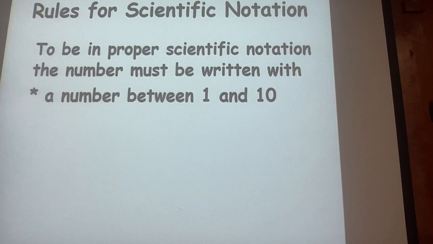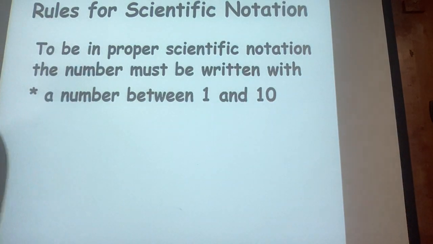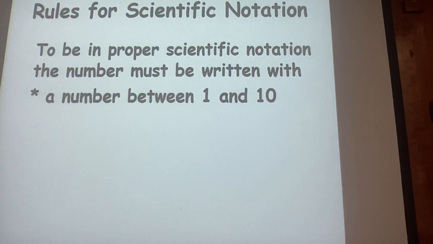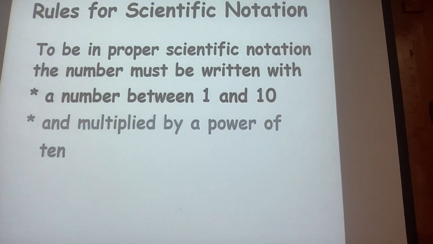That's what we said, right? The number must be between 1 and 10, or 9.9. Okay? Right? Then it has a multiple of 10, a power of 10, and I'm going to put these slides up on the Canvas page, and you can download them if you want them. All right?